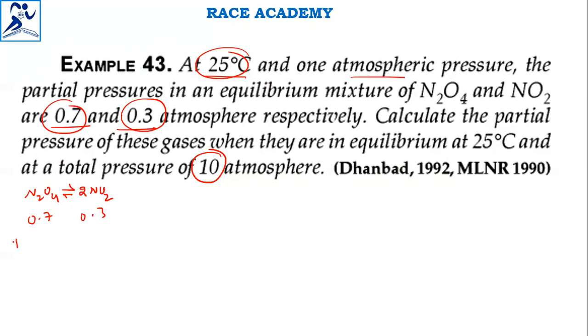But we know from this, what is the total? Total moles is 1 only. 0.7 plus 0.3 is 1. From this, you can find Kp value. What is Kp value? Kp is equal to partial pressure of NO2 square by partial pressure of N2O4. Partial pressure of NO2 is 0.3.